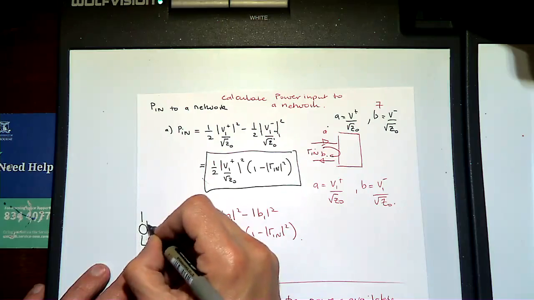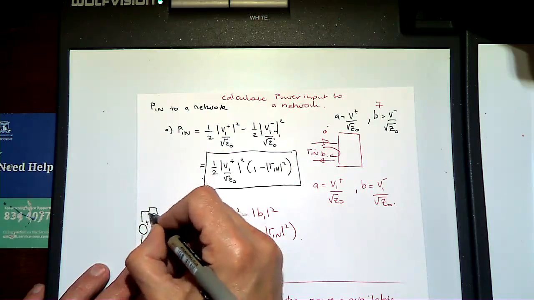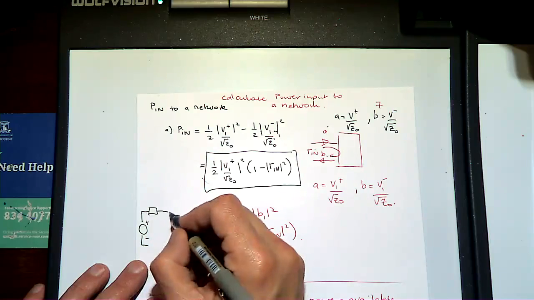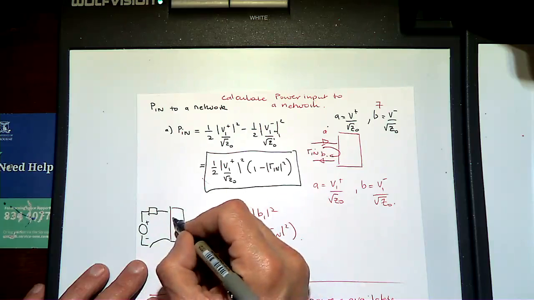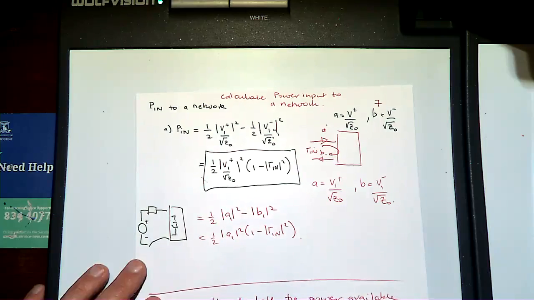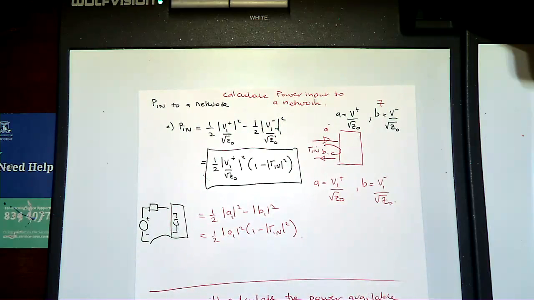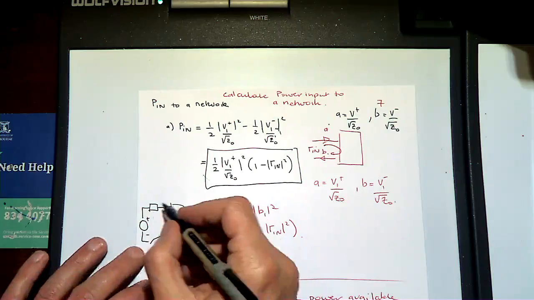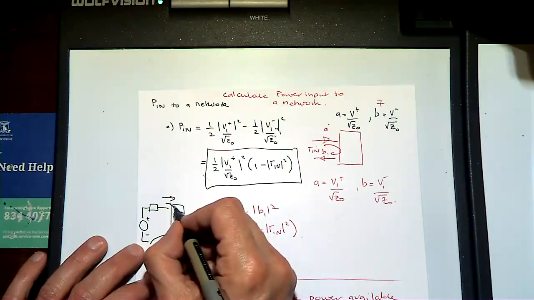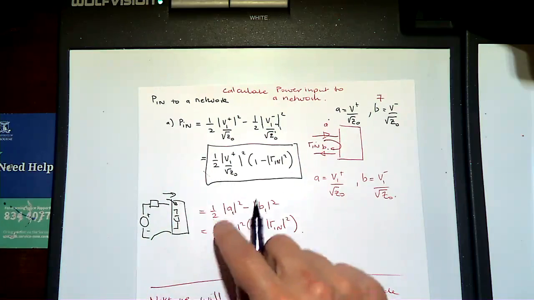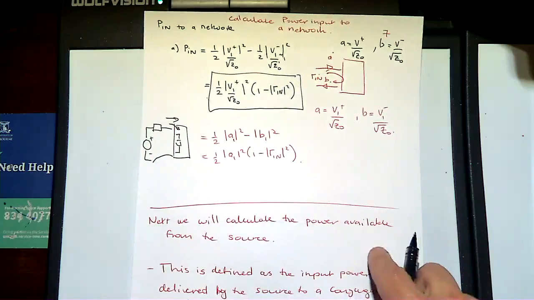Let's assume we've got a signal generator, and I'm connecting some network to it, right? With some magical load. And in the first example, what I'm doing is working out the actual power that's going into here. How does the input power differ from the power available from the source?